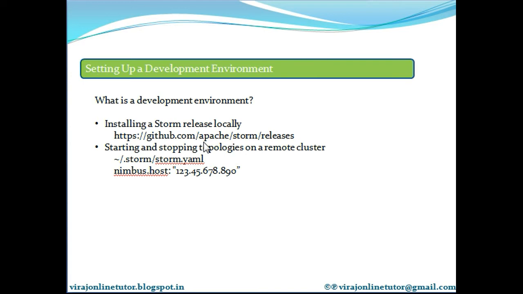Whatever is the bin path, you need to add it to your path variable on your machine where you are developing Storm. Then there is a very important file here, which is storm.yml. So storm.yml is a very important configuration file of Storm.